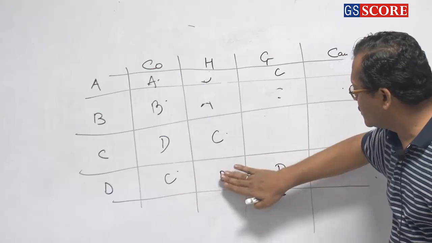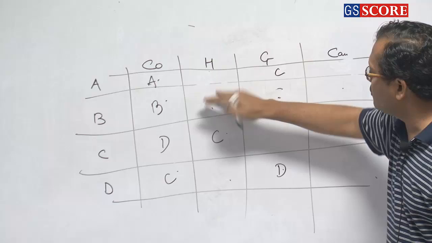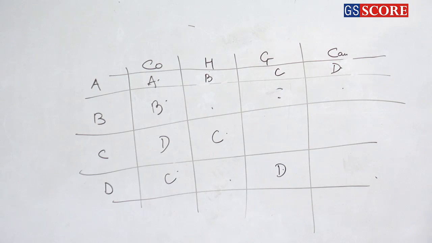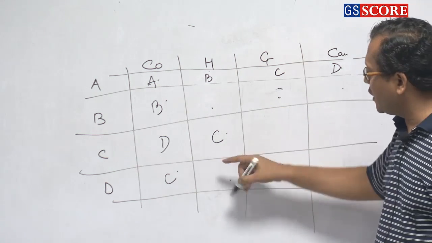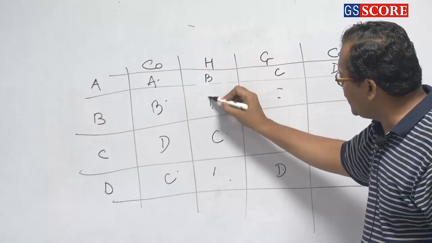This is wrong here, this is wrong here, so this will be B and this will be D. Clear or not? Now here let me put say D here and A here.